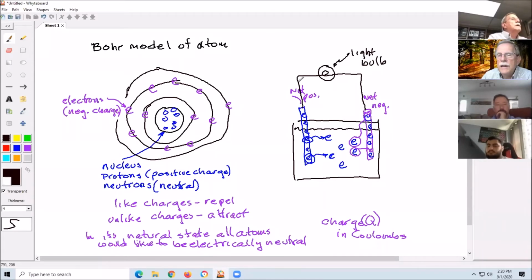If I now took and connected a light bulb across them, now I've got a path for the electrons to move through what we call the circuit back to the post or this plate that we want them to go to. Okay, so now the electron that was over here that didn't want to be has a way to get back to this plate, which is looking for an electron. And this electron, which didn't really want to be here, has a path to get back to the plate where it wants to be. But what's happening?